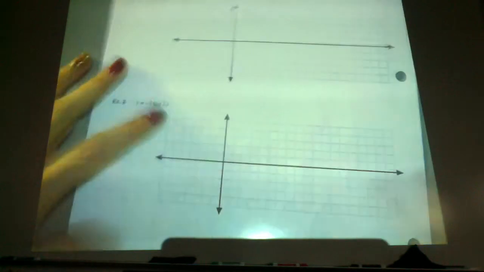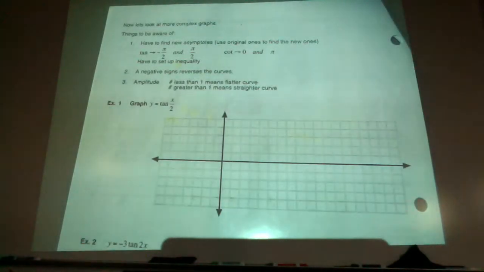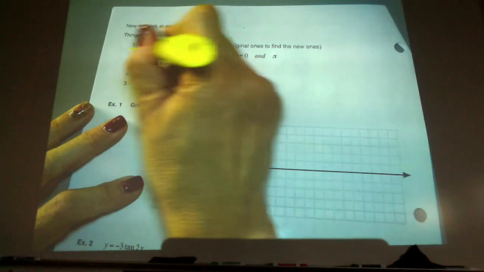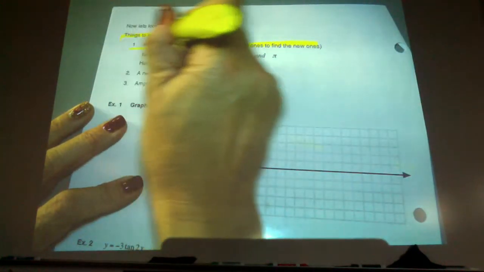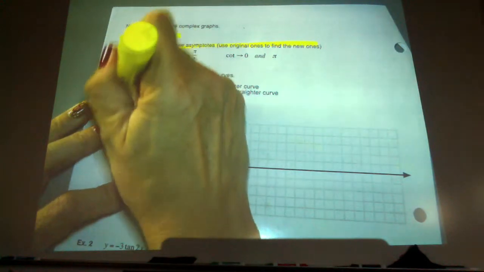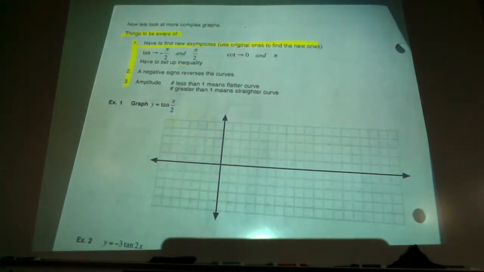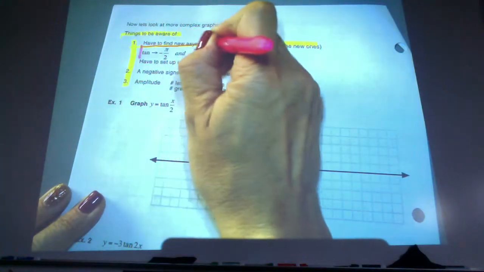Alright, so then we're going to look at more complicated versions of tangent and cotangent. You have a couple of things that you must know. It's really not that hard. So here are the things that you must, I really meant to highlight that one. That's all right. You must be aware of the following 3 items. If you're to find your new asymptotes for tangent, we're going to use these two.